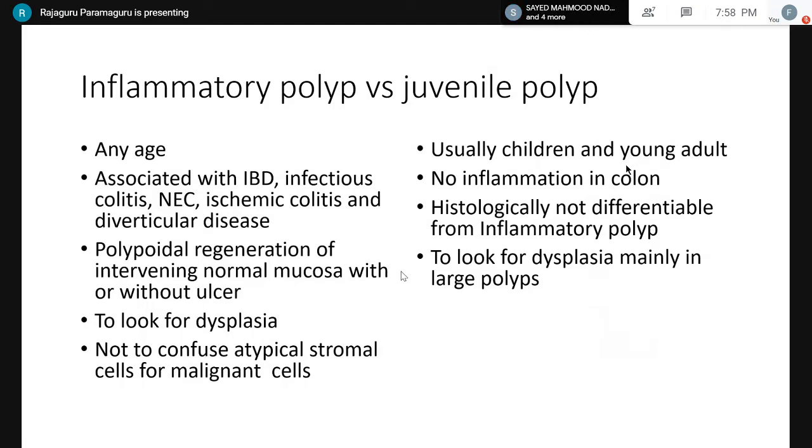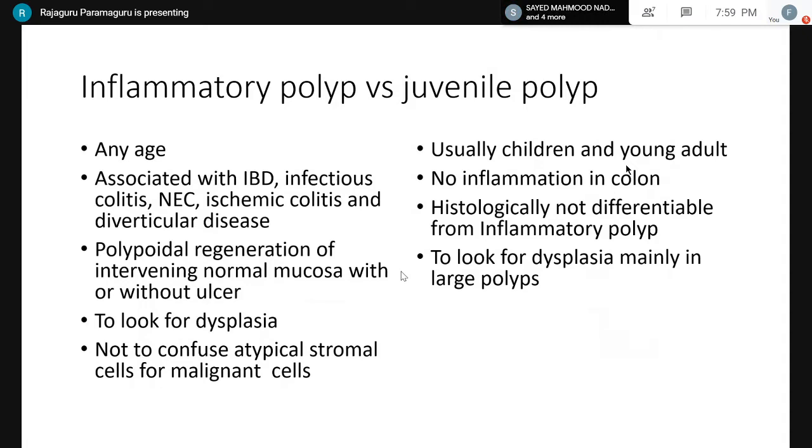It is just a polypoidal regeneration of the intervening normal mucosa with or without ulcer. Mainly in a large polyp or those associated with IBD, you will have to look for dysplasia. In certain cases, the stromal cells of the inflammatory polyps might show some atypia. They should not be confused for a malignant change.